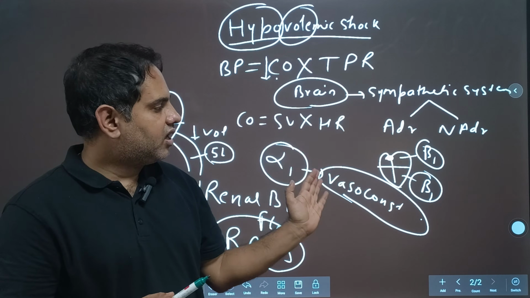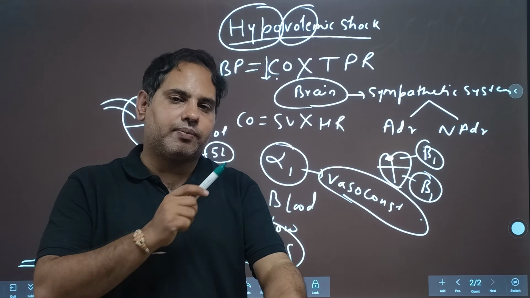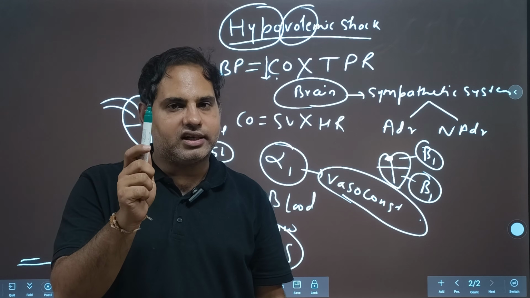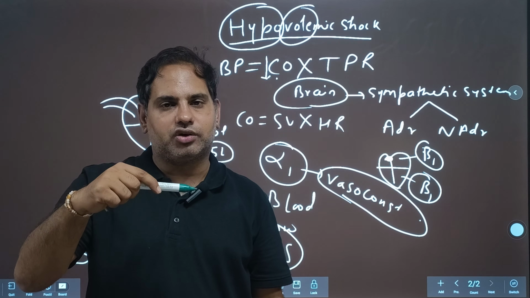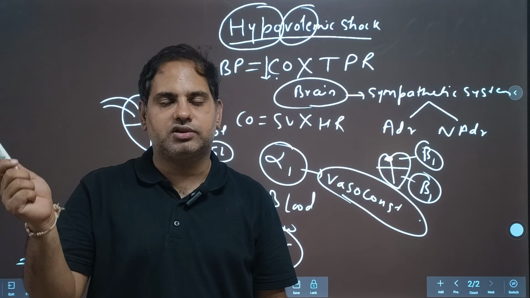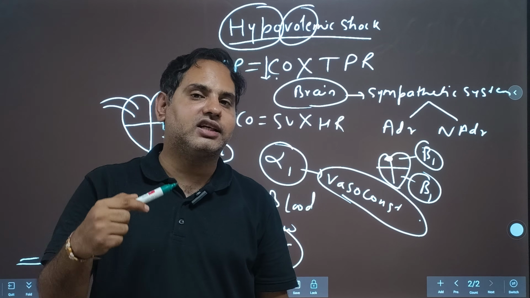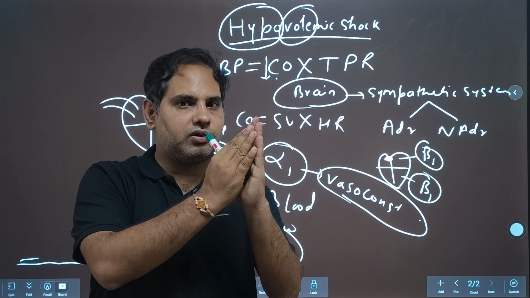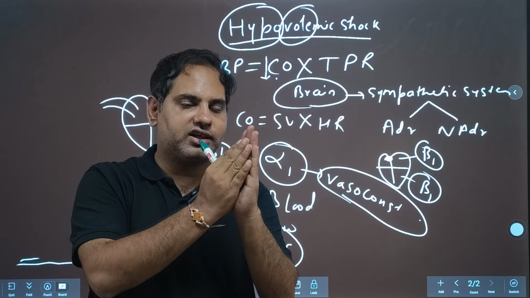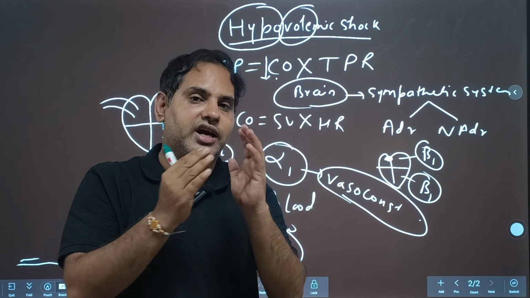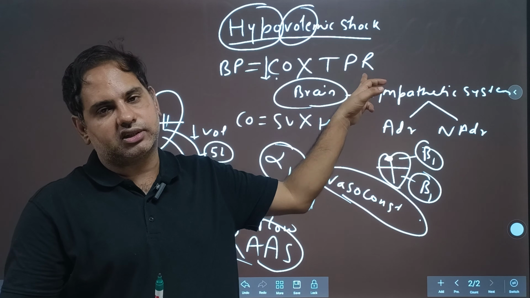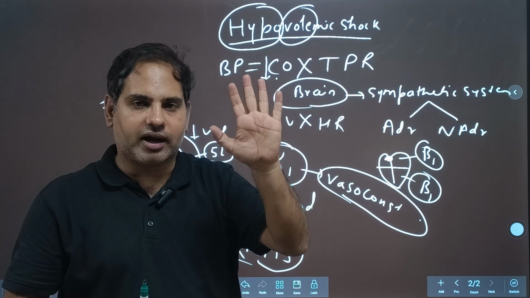Renin will enter the blood circulation, and in the blood there is one protein, that is angiotensinogen, and that angiotensinogen is converted into angiotensin 2 by the angiotensin converting enzyme. Angiotensin 2 has receptors on the blood vessels, and when angiotensin 2 acts on its receptors present on blood vessels, it results in vasoconstriction, and if there is vasoconstriction, it will increase total peripheral resistance and the blood pressure will be maintained. That is the one mechanism.